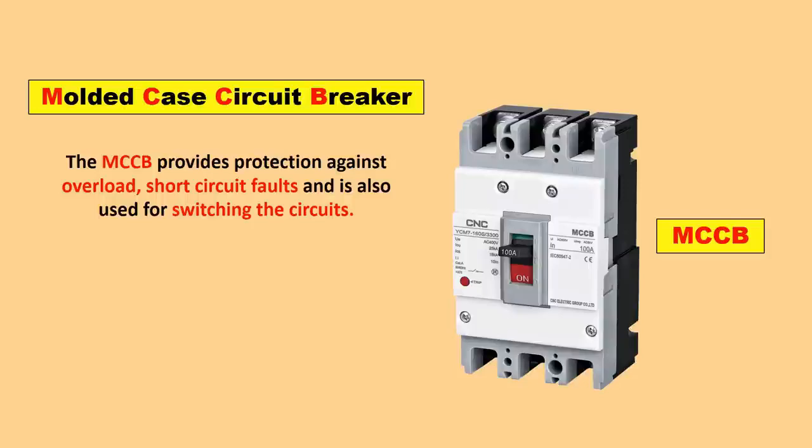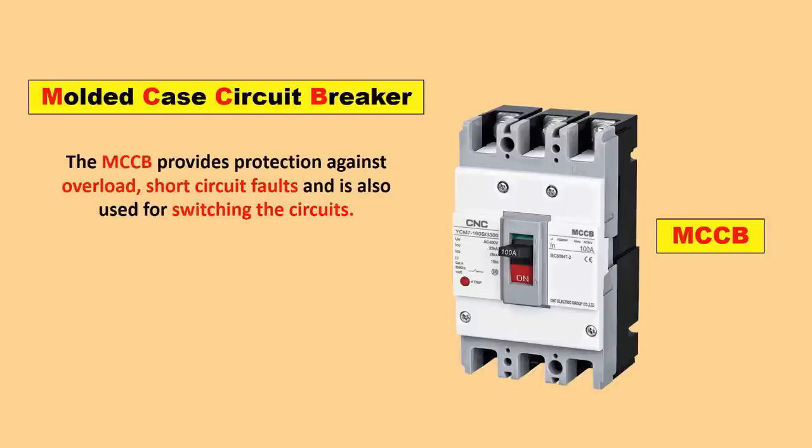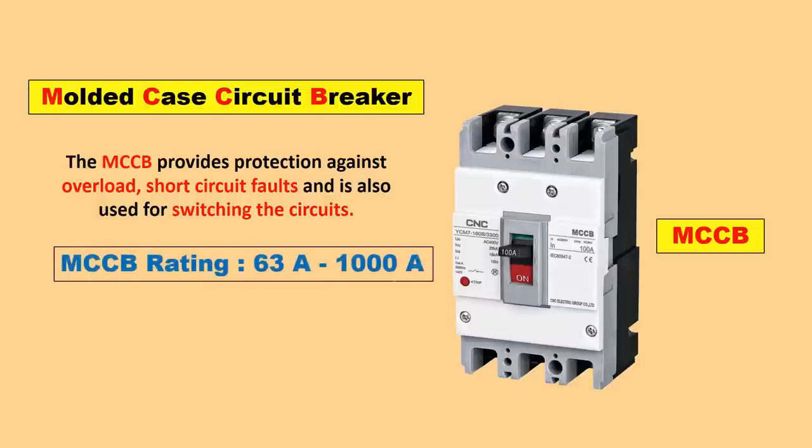MCCB also provides protection from overload and short circuit. It means you can say that the protection provided by a MCB can also be provided by a MCCB. You can find a MCCB of even 1000 ampere rating in the market, and you will find a MCCB of higher rating also, because right now there are lots of companies which are manufacturing MCCB of more than 1000 ampere.